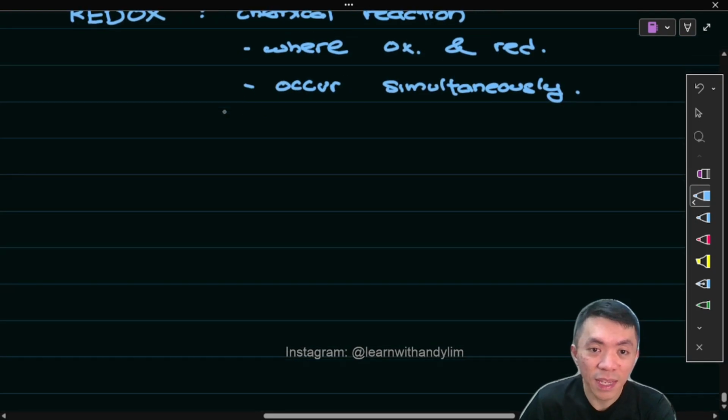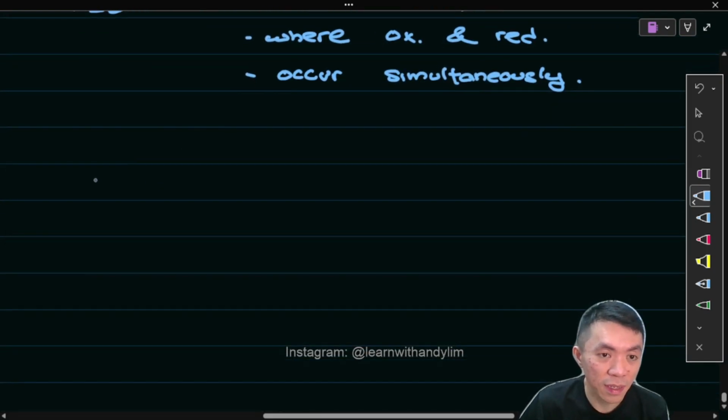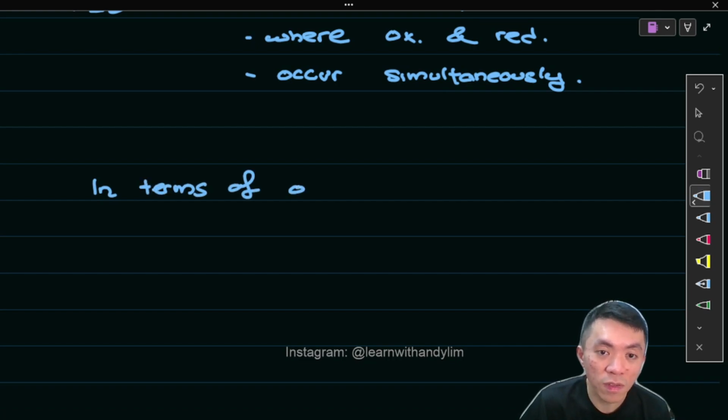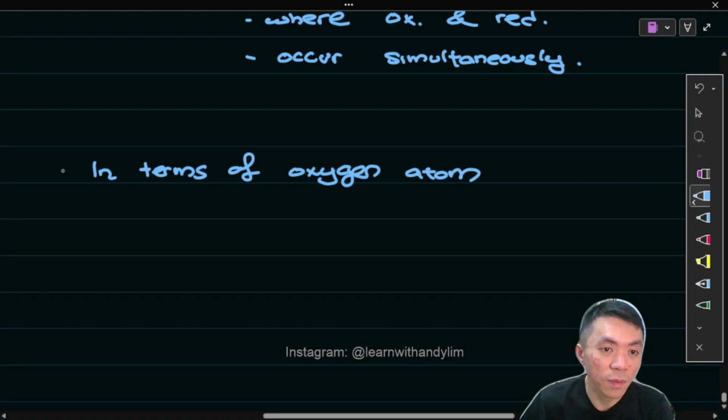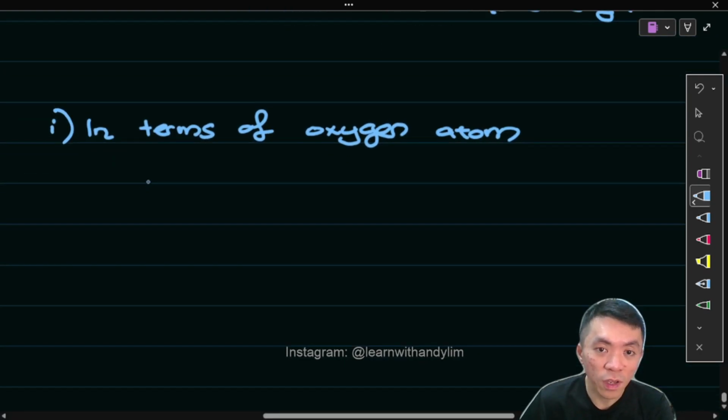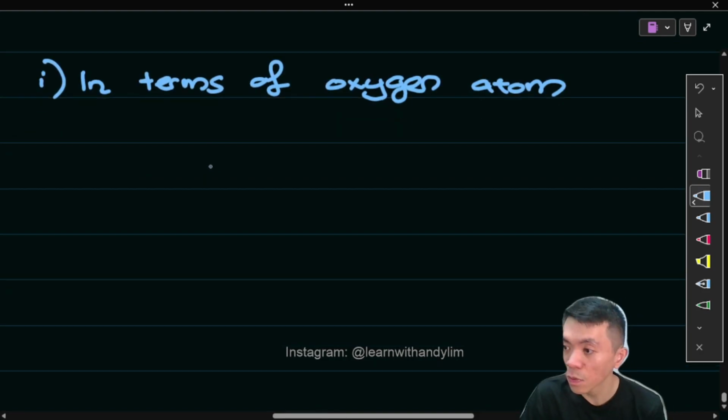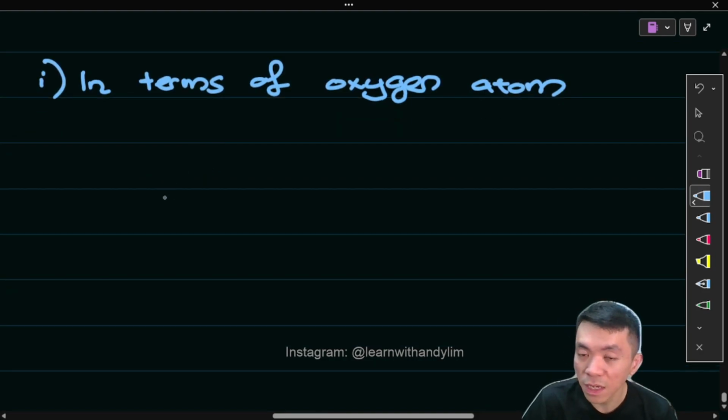Okay, let me write something here. In terms of oxygen atom. All right, this is my first one. I'm just gonna put I here. So in terms of oxygen atom, let me give you one chemical reaction.